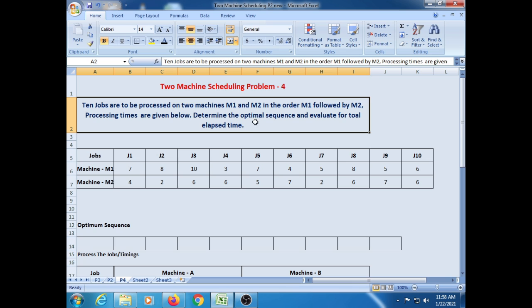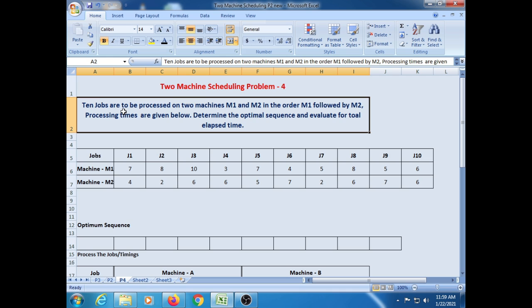Determine the optimal sequence and evaluate the total elapsed time. So what we have to do is find the optimal sequence, and next evaluate the total elapsed time. So this is the complete problem.